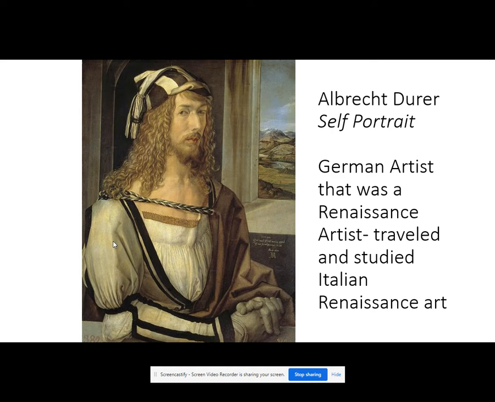Another German artist we look at, probably a more important German artist, is Albrecht Dürer. This is his self-portrait. He was a young artist who got wind of the Italian Renaissance. He must have seen a painting or a print or something, and he decided to make it his business to travel all around Europe and to go to Italy and study.